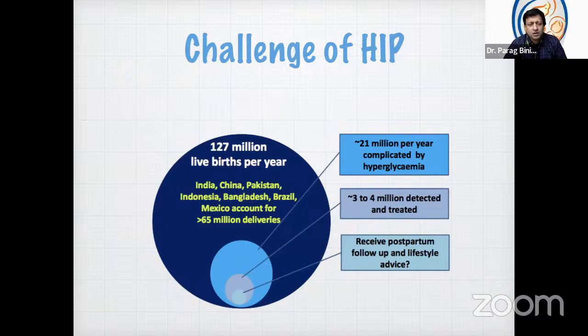When we talk about hyperglycemia in pregnancy, we have to understand that 127 million births take place every year in the world, out of which it is estimated that 21 million pregnancies are complicated by hyperglycemia, but only 3 to 4 million are detected and treated, and very few of them receive postpartum follow-up and lifestyle advice, which is so important for her future life.